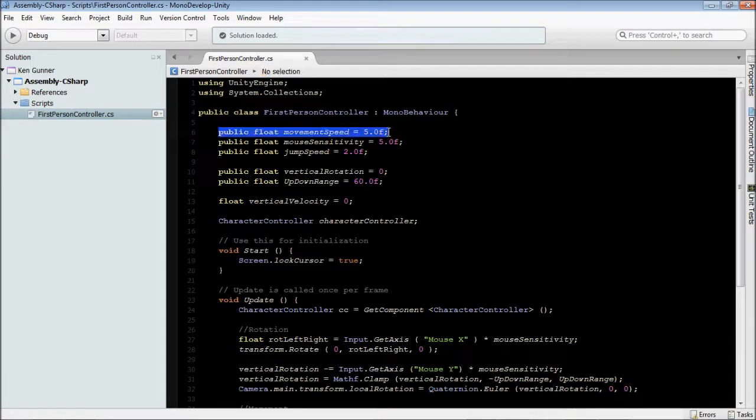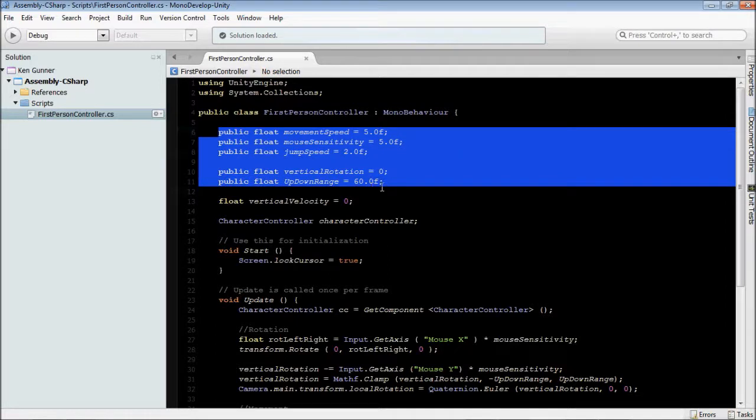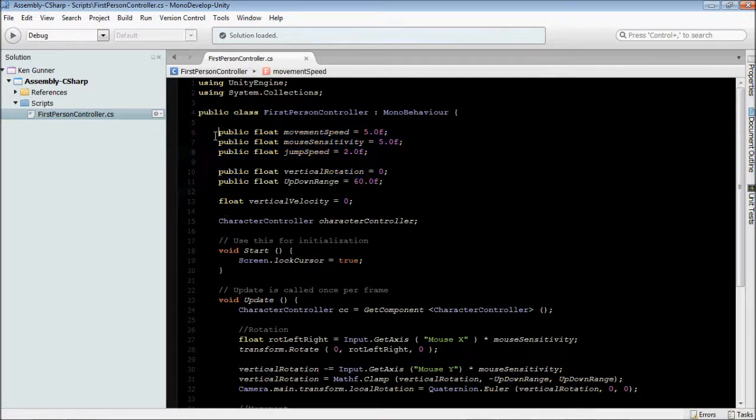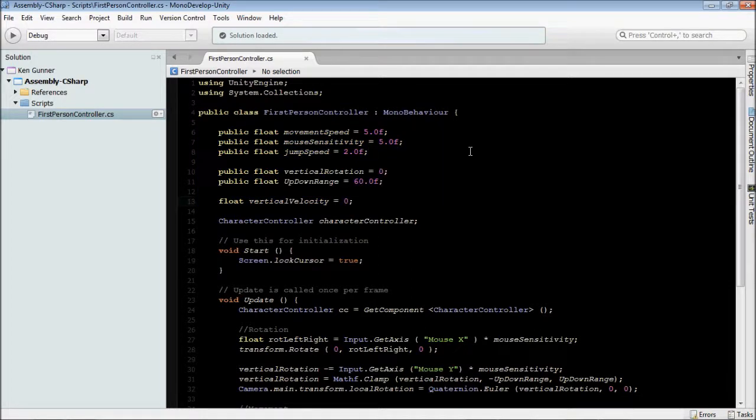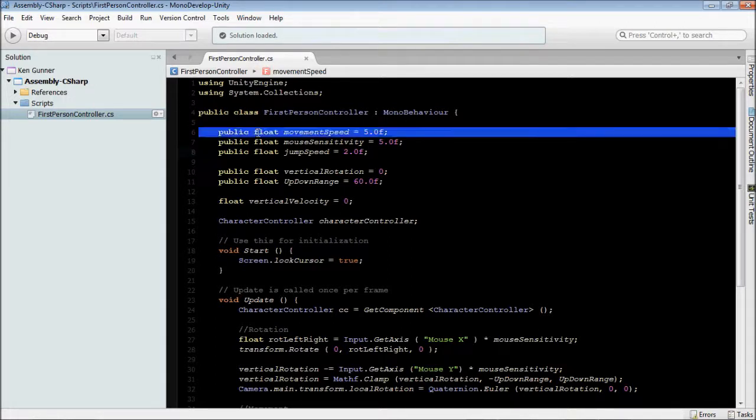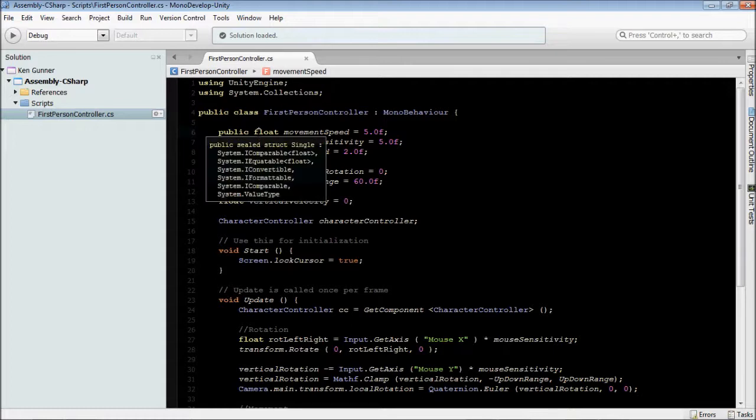Okay, so this just is these 6 things. These 6 things here are variables, which just set something at a number, or a float. C# uses a float, not an integer.